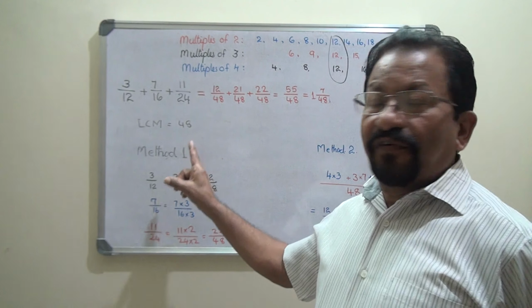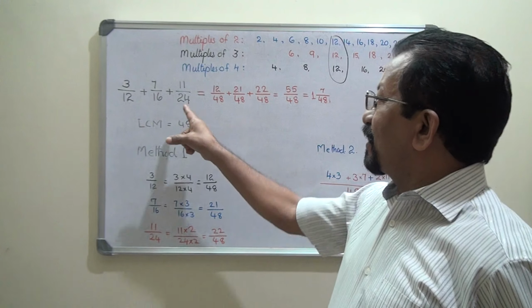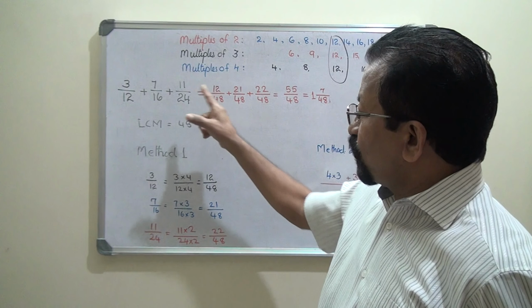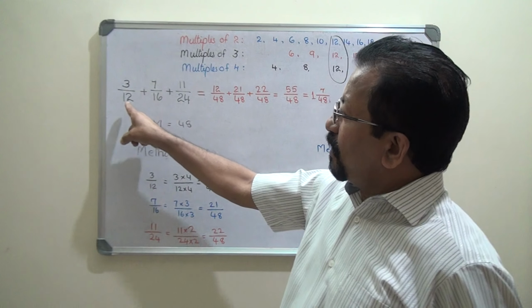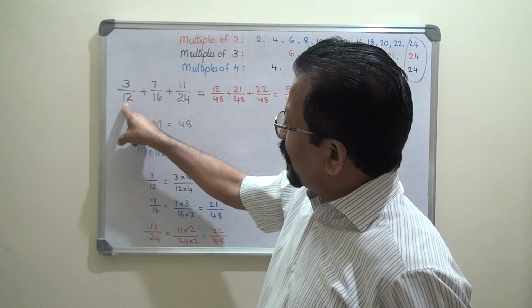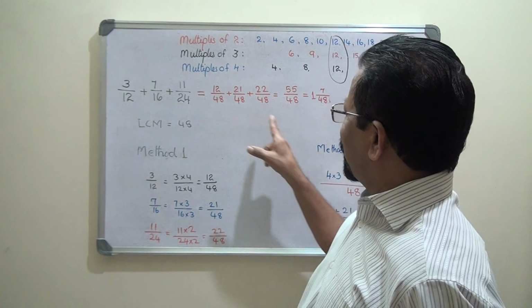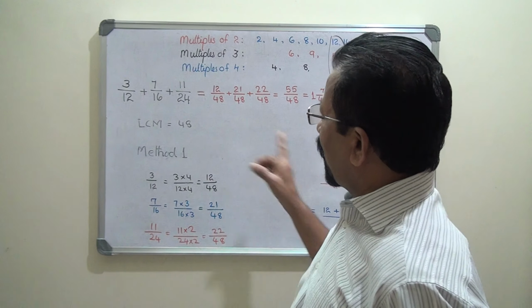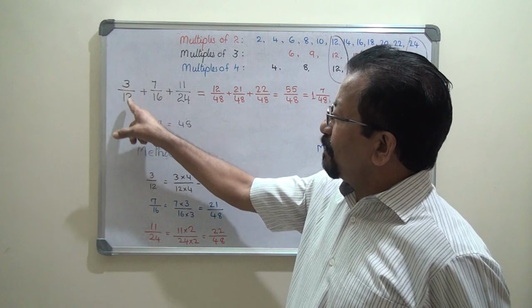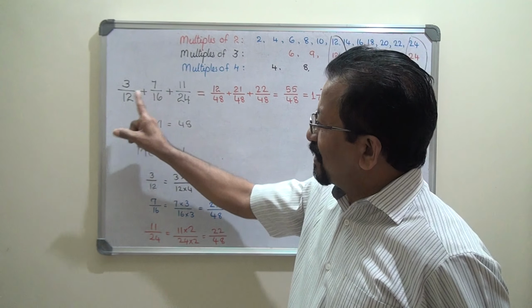After getting the LCM 48, there are 2 methods to add these fractions. First one is to make all the denominators of the given fractions equal to the LCM. So 3 by 12, the LCM is 48.